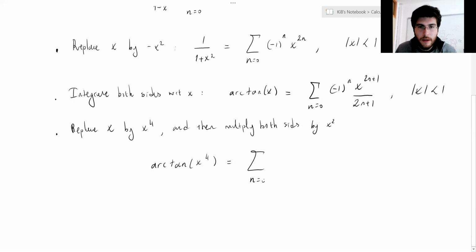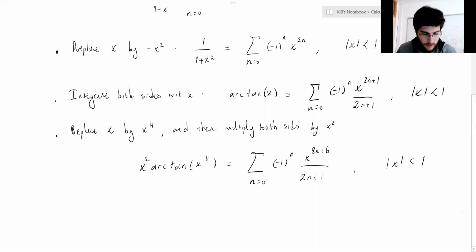On the right-hand side, we have the sum from n equals 0 of minus 1 to the n, x to the 8n plus 4, I guess, divided by 2n plus 1. Still, if you do the calculations, we have the same thing here. But this is not enough. We multiply both sides by x squared. So let me do this. Therefore, instead of 4 here, with the new power, we have 6 here because we multiply both sides by x squared. And we are done. Actually, we have what we need.